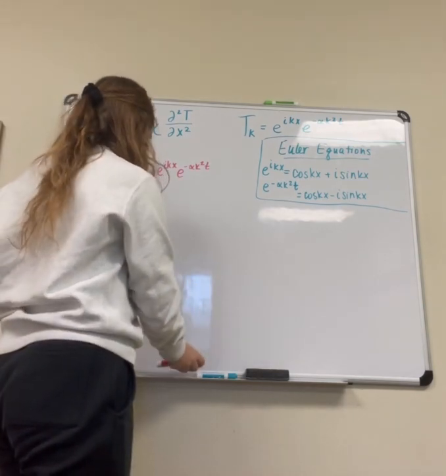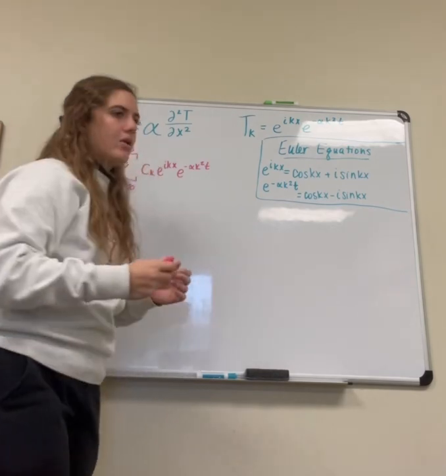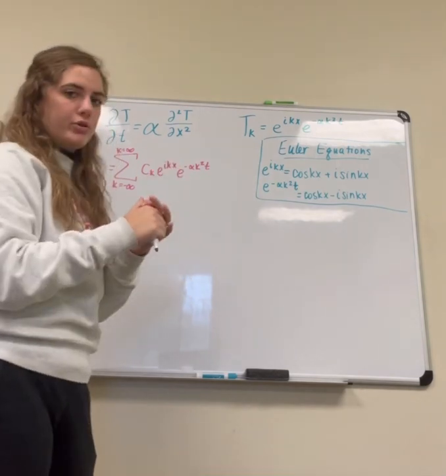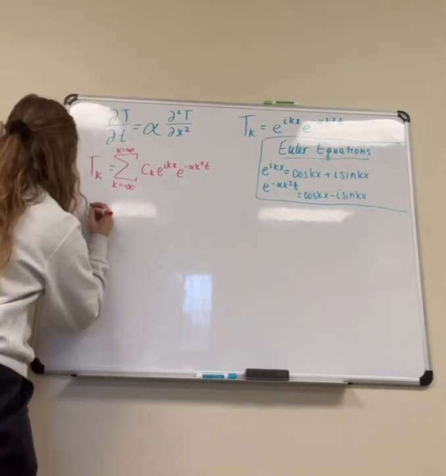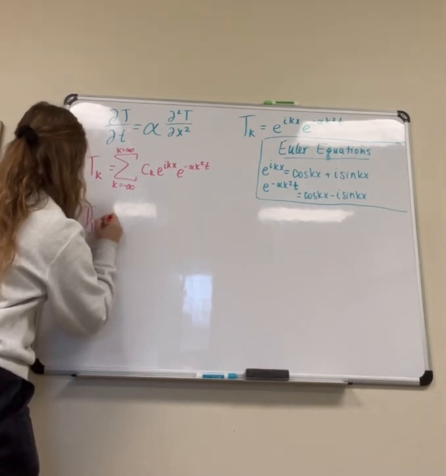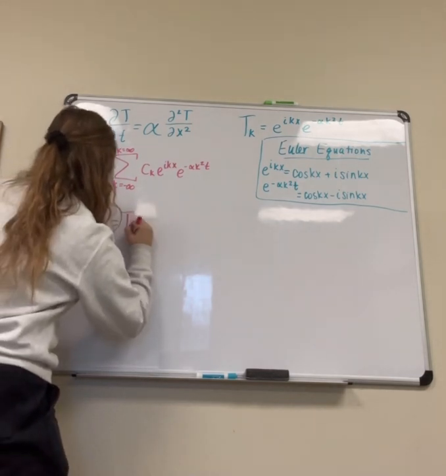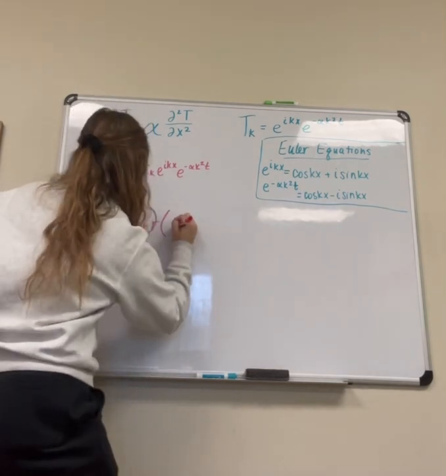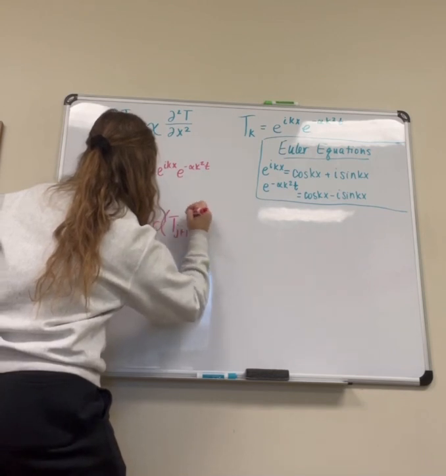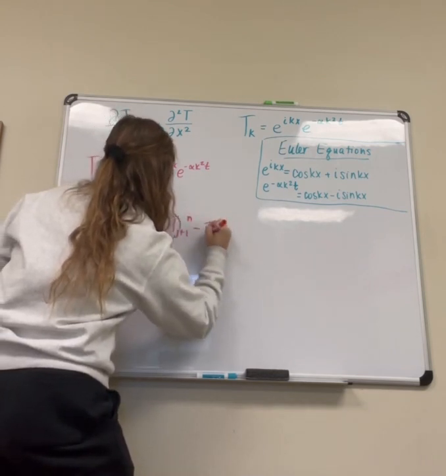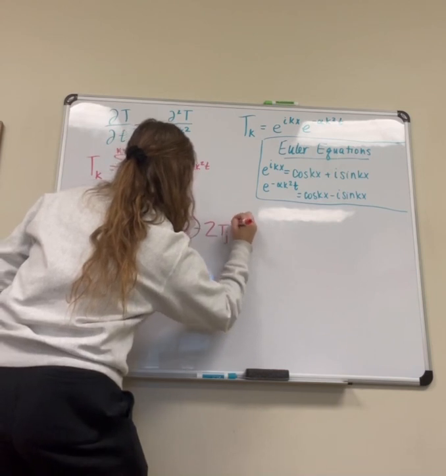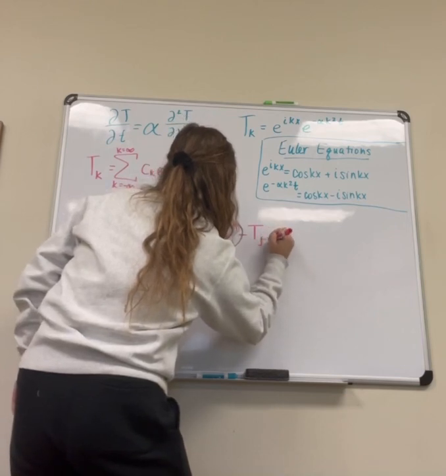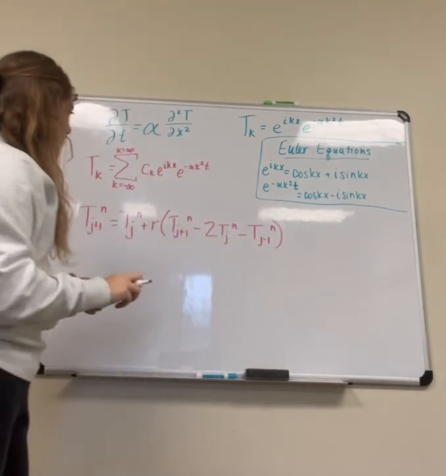And so then what we're going to do next is write down the finite differencing equation that we derived in problem number 2. So that was Tj plus 1 to the n is equal to Tj n plus r times Tj plus 1 to the n minus 2 Tj n plus Tj minus 1 to the n.